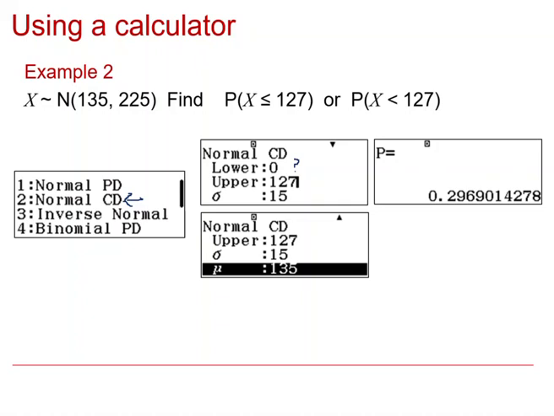The upper is 127, enter standard deviation and mean, and we obtain our probability directly, and it's always worthwhile just drawing a quick sketch to make sure that seems feasible. So we have 127 here, we want to be less than it, so this probability is going to be less than a half, and we have 0.297, correct to 3 decimal places.